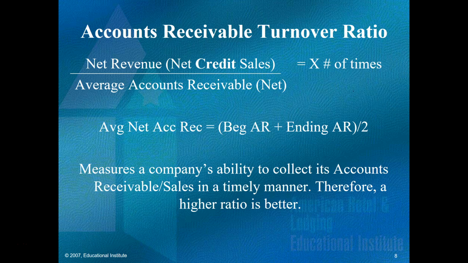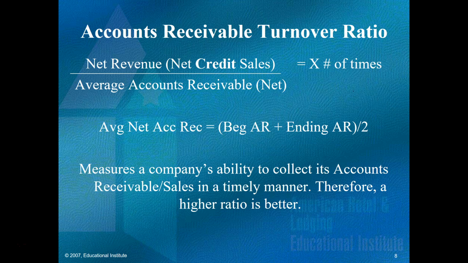Okay? So again, how quickly the sale has been made. So how long does it take from the point of sale to the collection of that sale? All right? So the first thing is we're going to look at net revenues. And notice it's net credit sales.